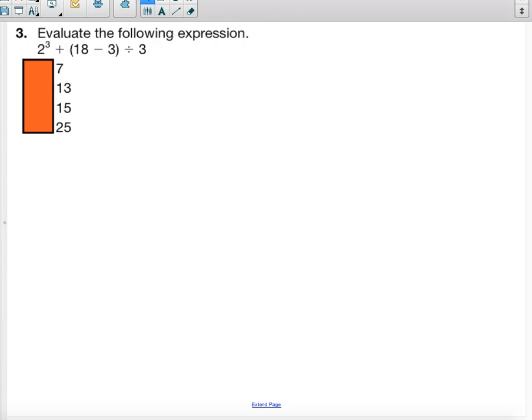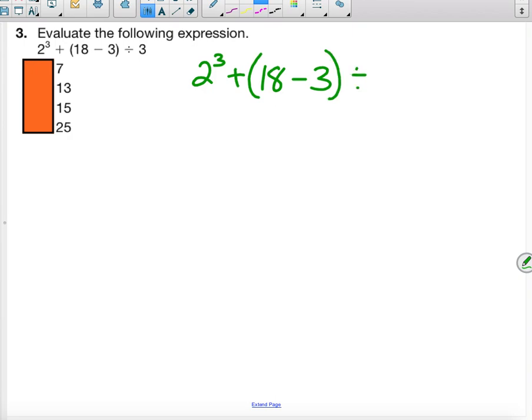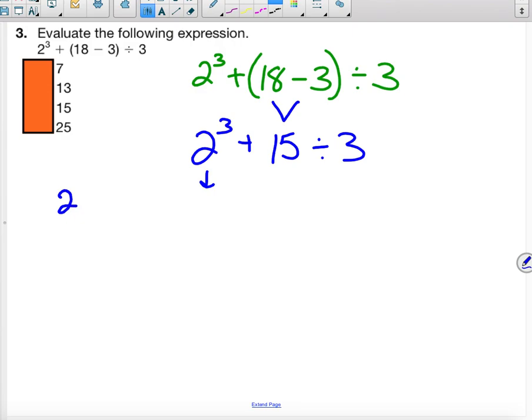Alright, number 3, evaluate the following expression. 2 to the third plus 18 minus 3 divided by 3. Well, in this case, the first thing you have to do is what's in parentheses, and 18 minus 3 is 15. So now we have 2 to the third plus 15 divided by 3. Now we have to do the exponent of 2 to the third, which is 2 times 2 times 2, which gives us 8.